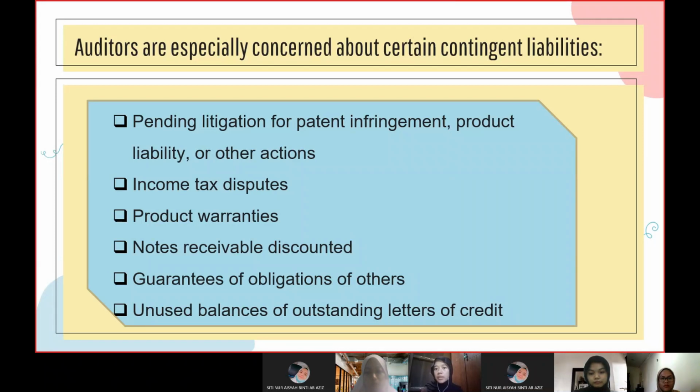Next are income tax disputes, product warranties, notes receivable discounted, guarantees of obligations of others, and unused balance of outstanding letters of credit. These are some of the activities or events that the auditor is concerned with regarding contingent liabilities in these organizations.